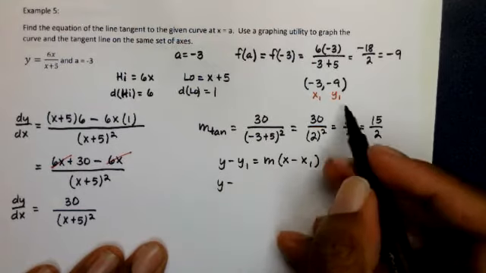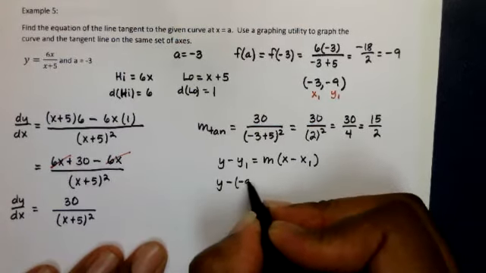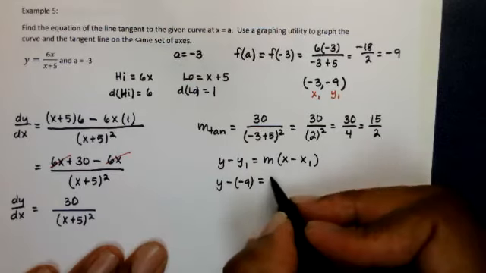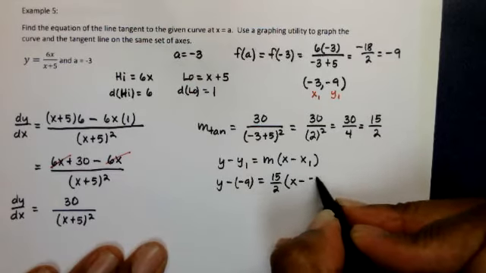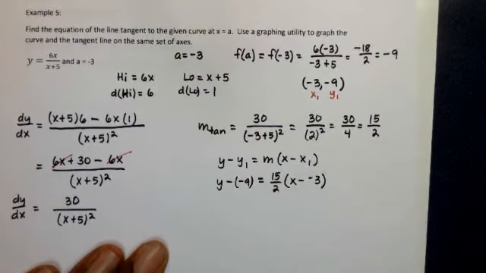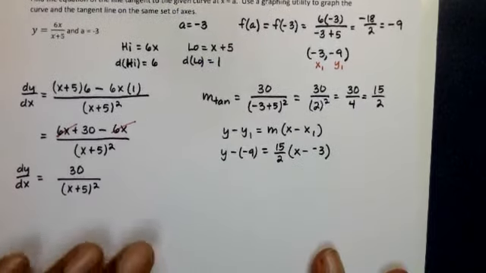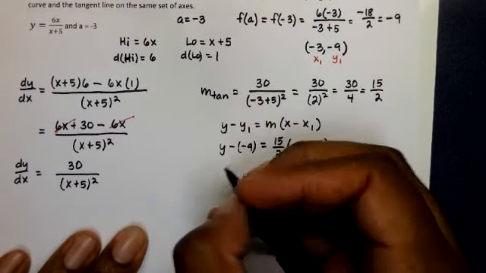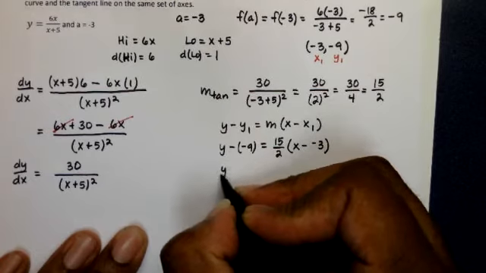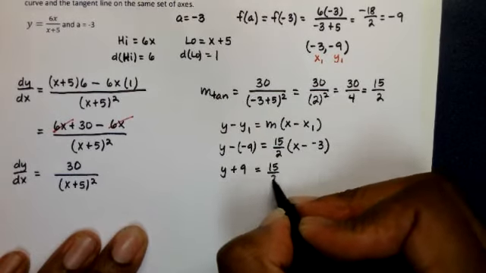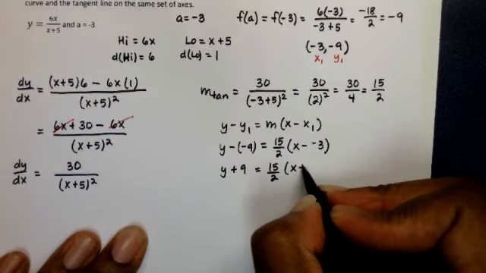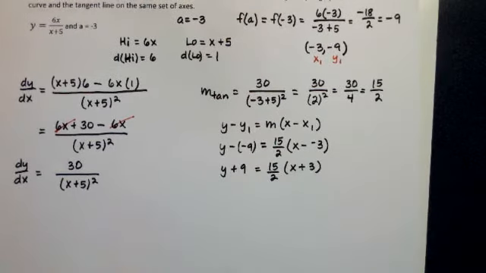So here y minus y1 would be negative 9, equaling the slope that's 15 halves times the quantity x minus x1, which is negative 3. So if I rewrite this, y minus a negative 9 would be y plus 9. And then that's equal to 15/2 times (x plus 3), because x minus a negative 3 would be x plus 3.